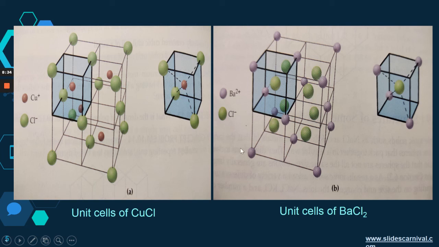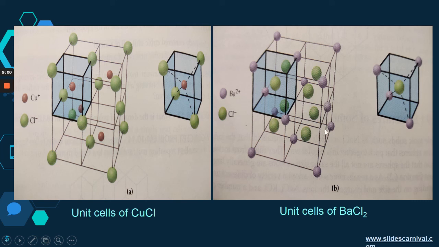You can see that in the copper(I) chloride unit cell only alternating holes are filled with copper cations, while in the barium chloride unit cell, all holes are filled.